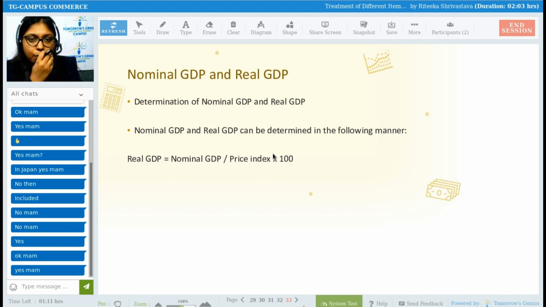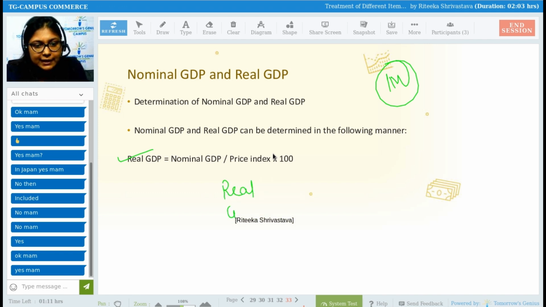Okay. So we saw what is nominal GDP, real GDP, current GDP, and constant GDP. Now, how do you determine it? The formula for calculating real GDP: usually a 1 mark question is expected from this side, not more than that. What is the formula of real GDP?